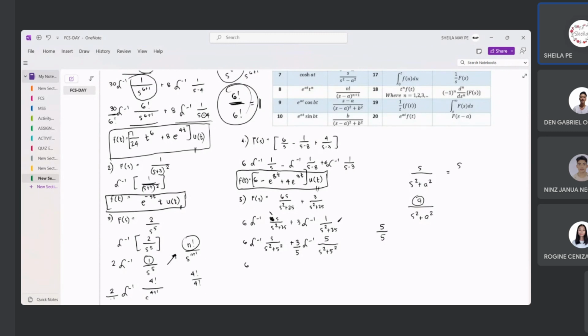So na siya class, ang katong na ay variable sa babaw, si cos. Cosine of our a t, which is 5t, plus 3 over 5, and the inverse Laplace of 5 over s squared plus 5 squared is sine 5t.